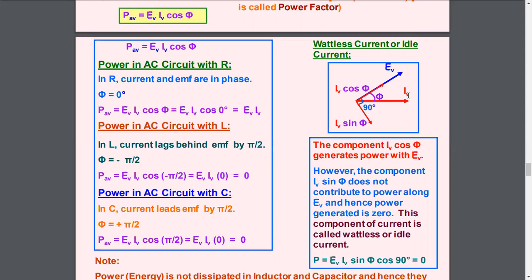You know well that the RMS voltage and RMS current across the LCR circuit differ by a phase difference of phi. So we take the component of the phasor vector either along the direction of the phasor of voltage or perpendicular to the direction of the phasor of voltage.